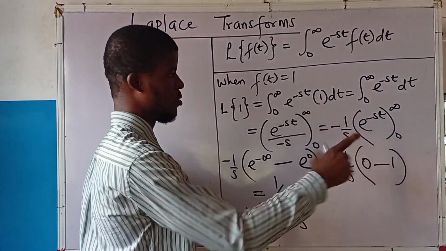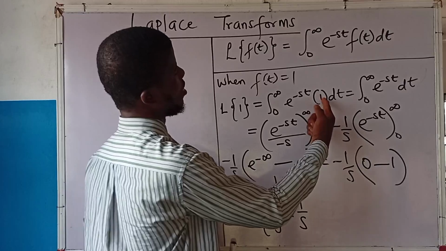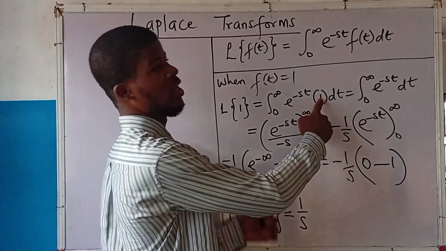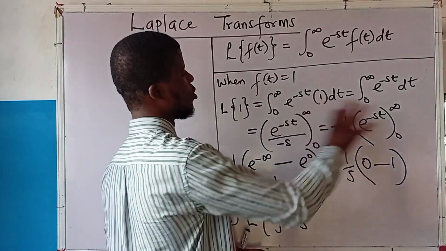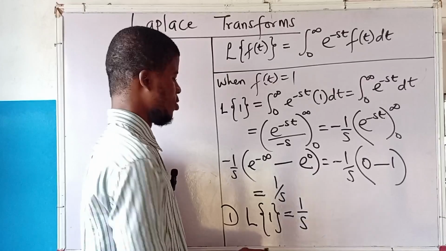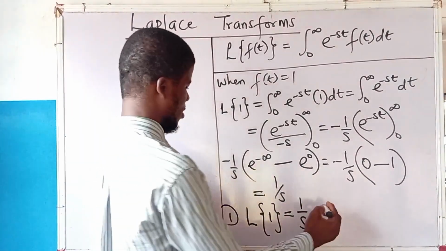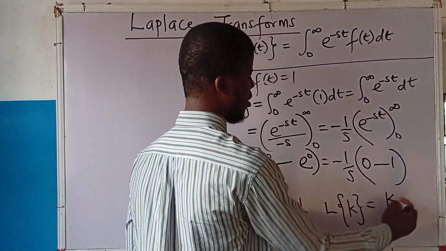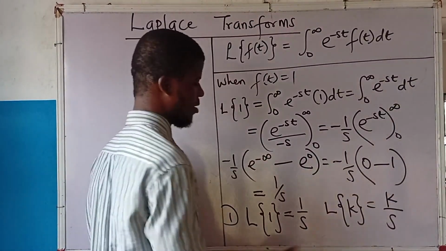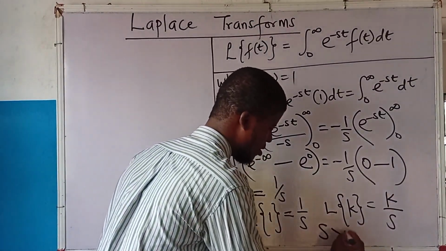You can work it out. You're going to get it. Because if it is, let's say, 2, the 2 will come out to stand as a constant of integration. Then the normal integration process will still remain. You get it? So, by extension, the Laplace transform of k, which is a constant, is actually k over s, provided s is greater than 0.